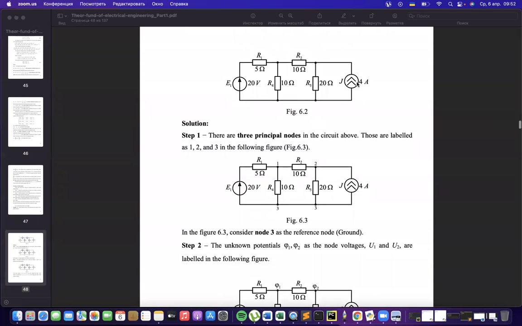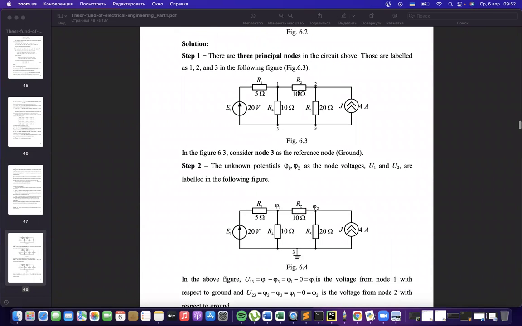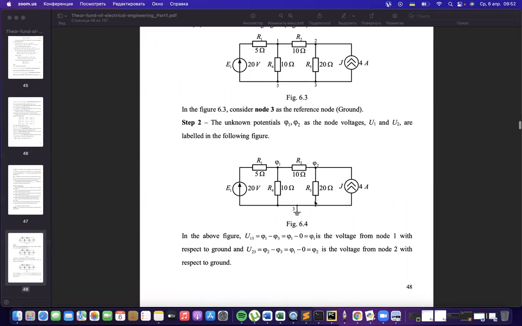For example, here with two sources, 4 resistors. First step, we are pointing out the potential points, first, second, and the total third, because between the left and right points there is no element. That is why the left and right points are the same point number 3. Then, after we put the number of nodes that we are searching for, we are making some grounding.